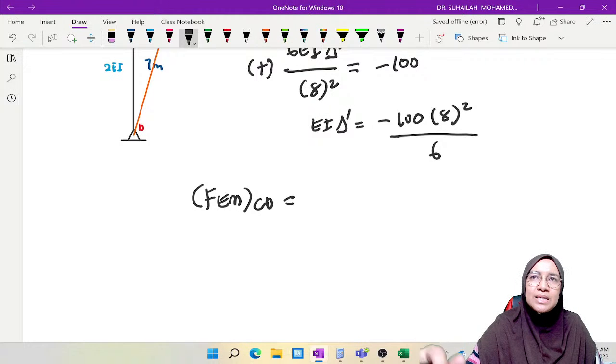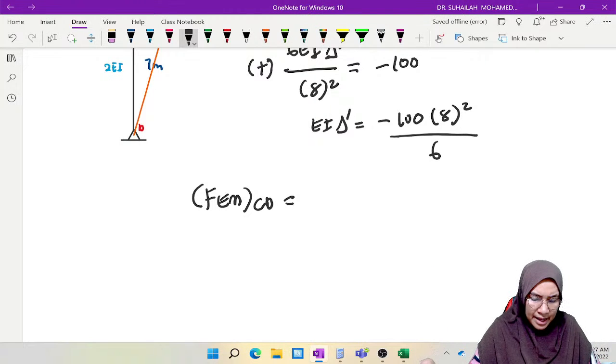But in this case, D is a pin, so there is no moment. So we will only calculate FEM due to the rigid joint at C, and the formula will be 3EI, not 6EI. 6EI means both ends have moment.